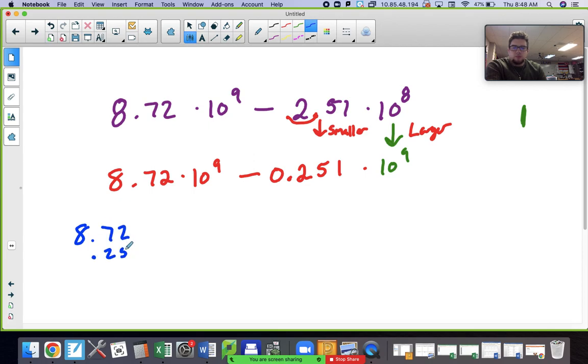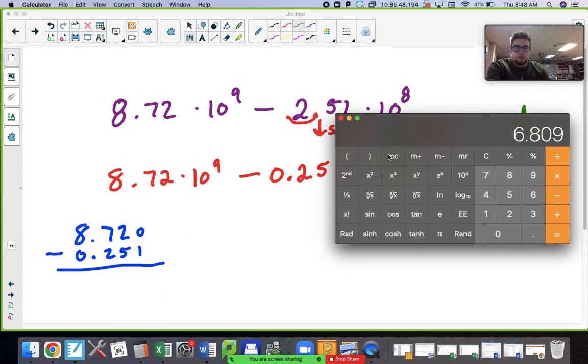So we can set this up and do it by hand. Line up the decimal points, and we can subtract by hand. We're also welcome to use a calculator, which is what I'm going to do. 8.72, and I'm going to subtract 0.251.